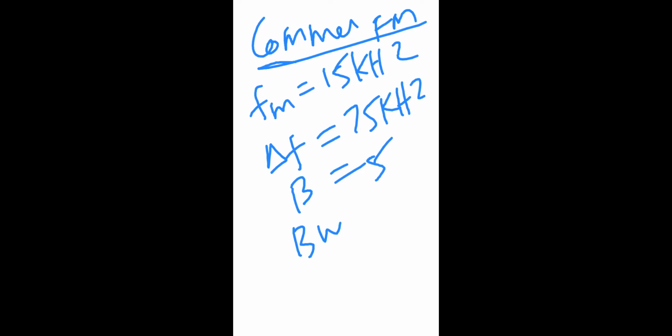And bandwidth is 200 kilohertz, including the guard band. Then what is the carrier swing? Anybody? What is the carrier swing here? 150 kilohertz. The carrier swing here is 150 kilohertz. So this is the observation of the FM system.